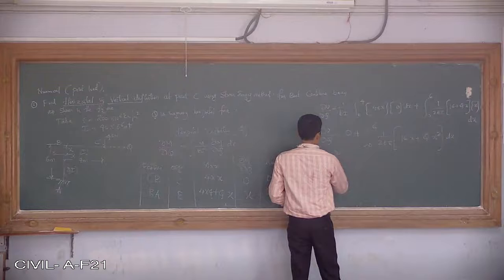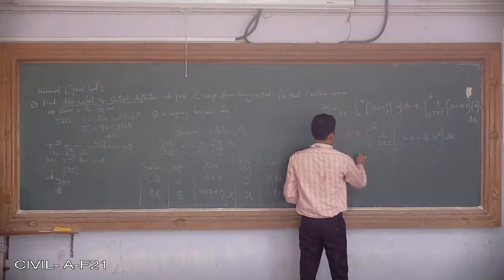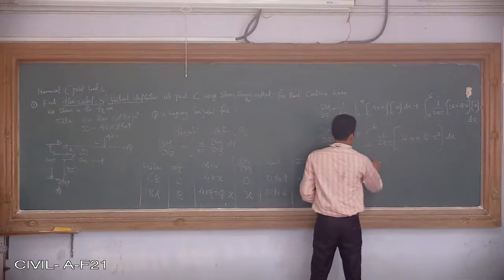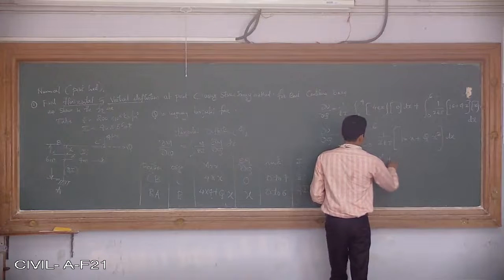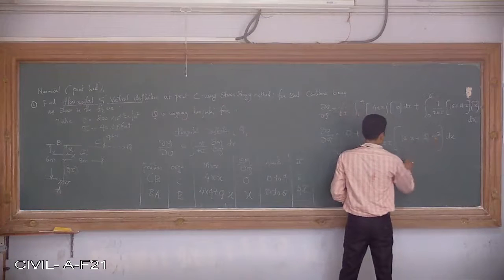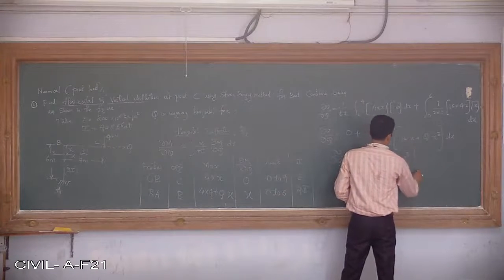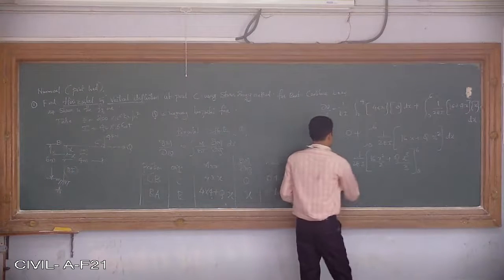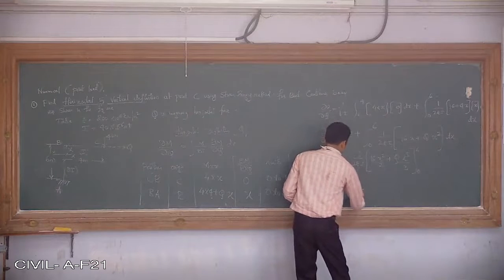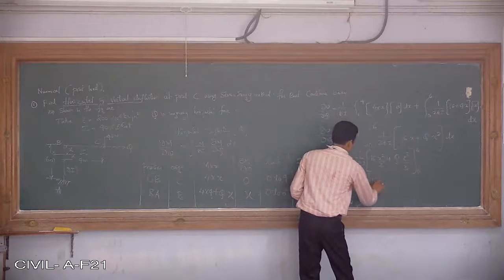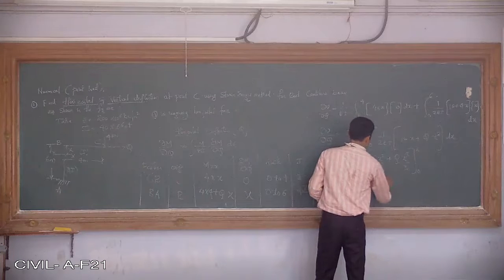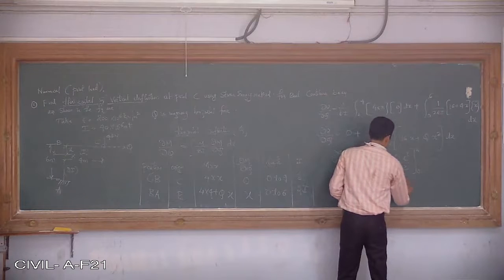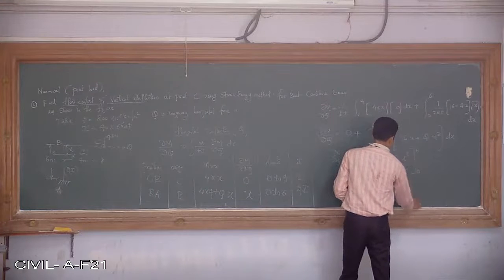So dou U by dou Q, this part is already 0. What is left is 1 by 2EI. The integration of x is x square by 2, plus the integration of x square is x cube by 3, with limit 0 to 6. So it is 1 by 2EI, 16 into 6 square divided by 2, plus Q into 6 cube divided by 3.